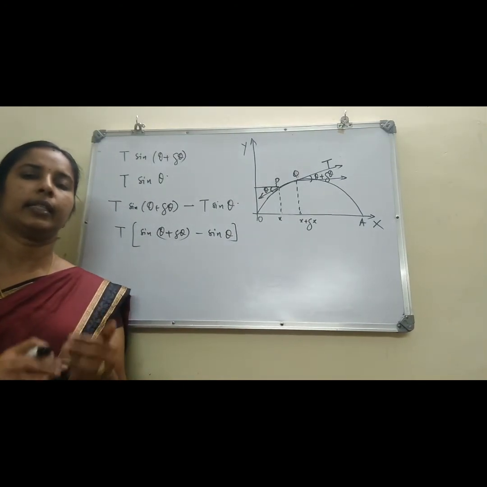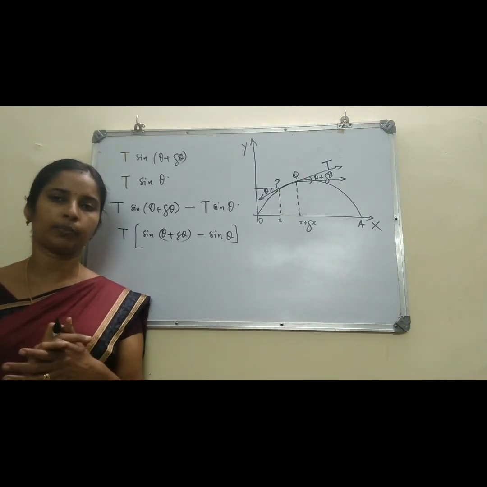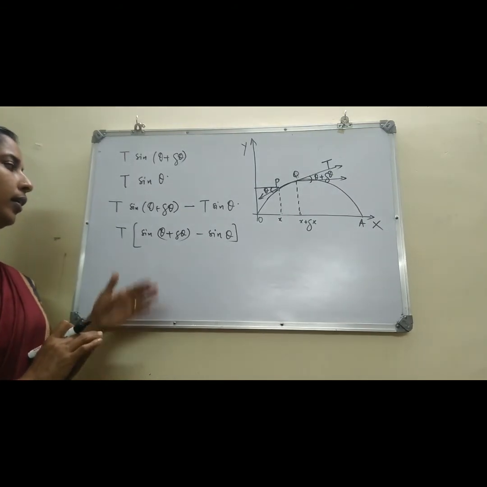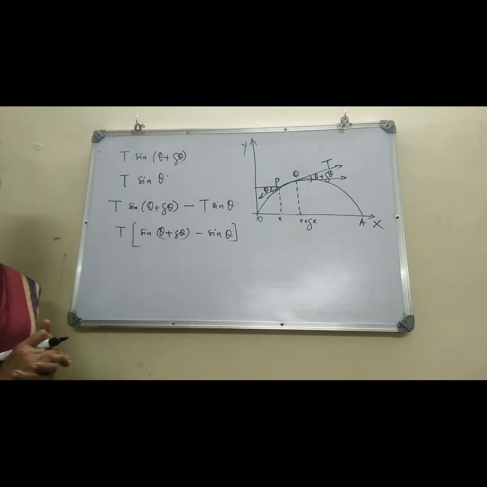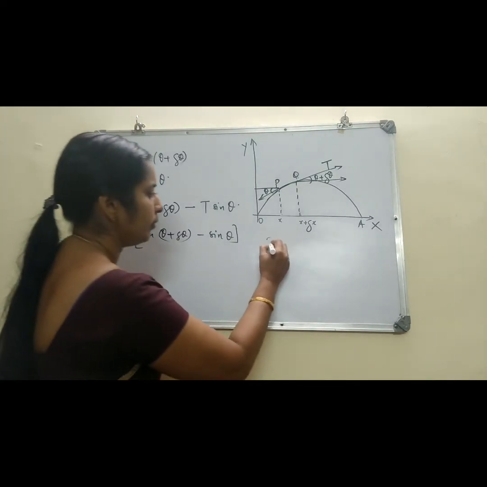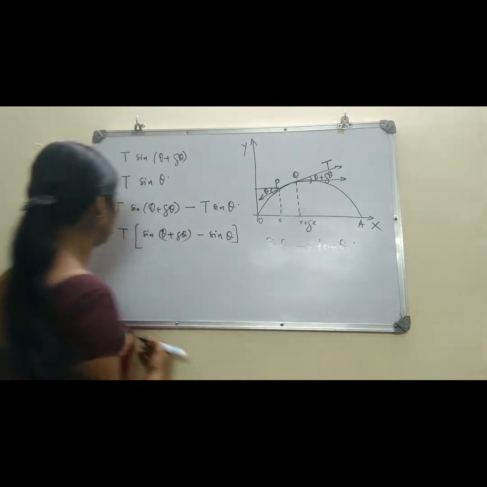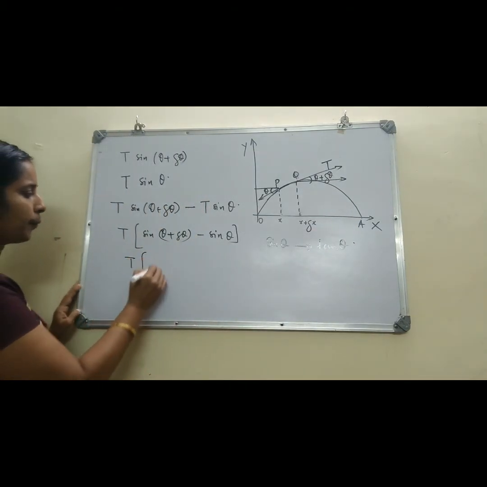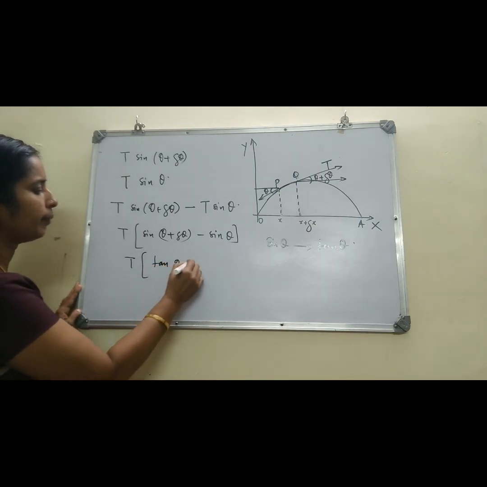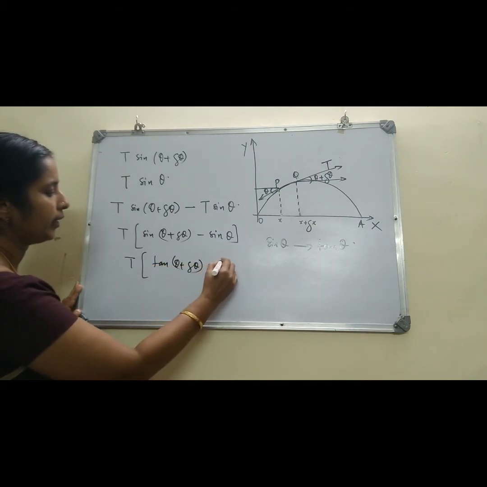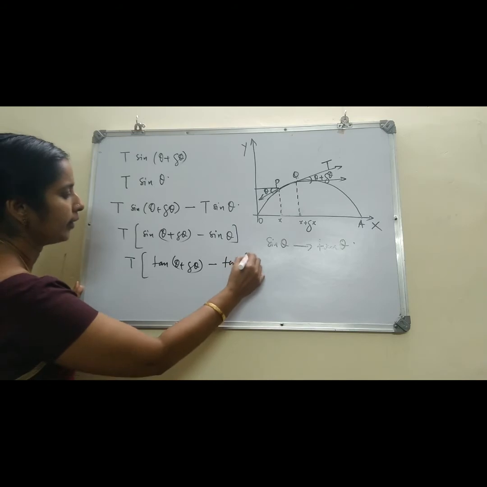Our assumption is displacement is very small, so theta is very small. So since theta is small, we can consider sin theta as tan theta. So this is T [tan(theta plus delta theta) minus tan theta].